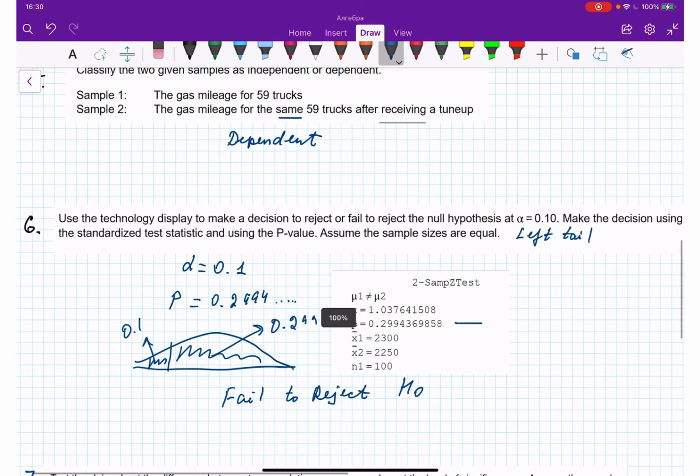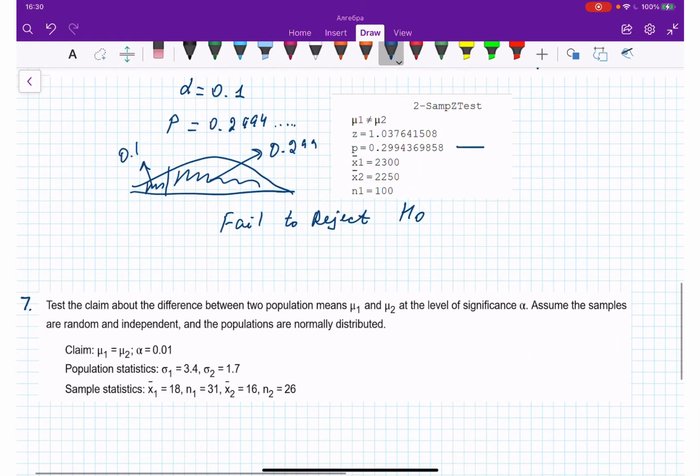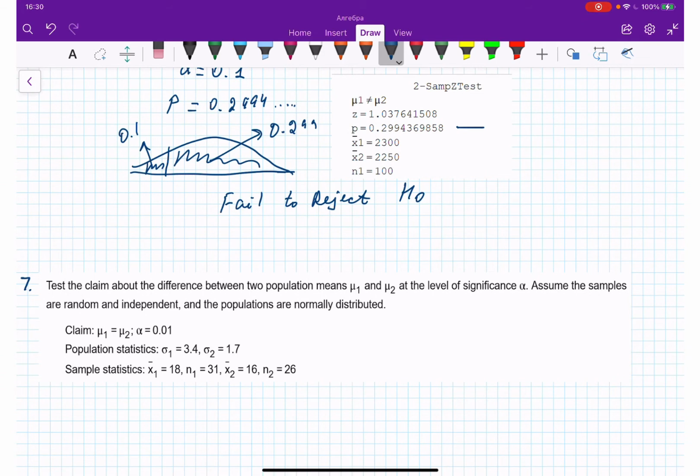Okay. Question number 7. Test a claim about the difference between two population means, mu1 and mu2, at the level of significance alpha. Assume the samples are random and independent and the populations are normally distributed.